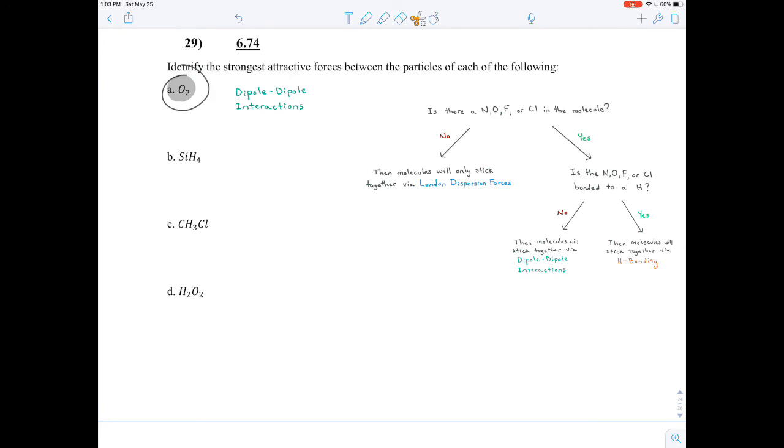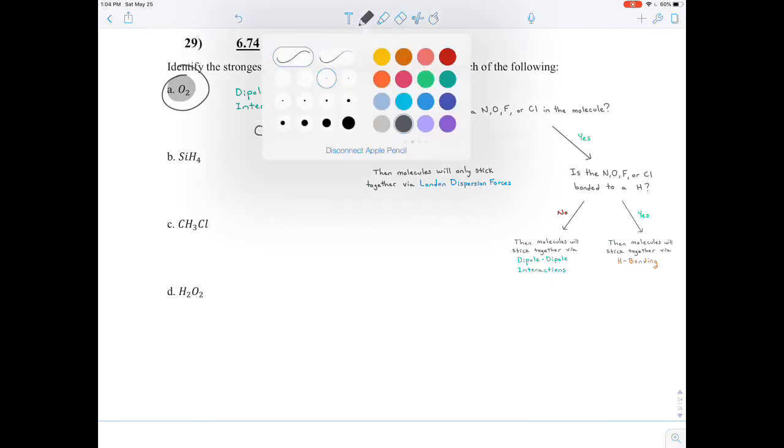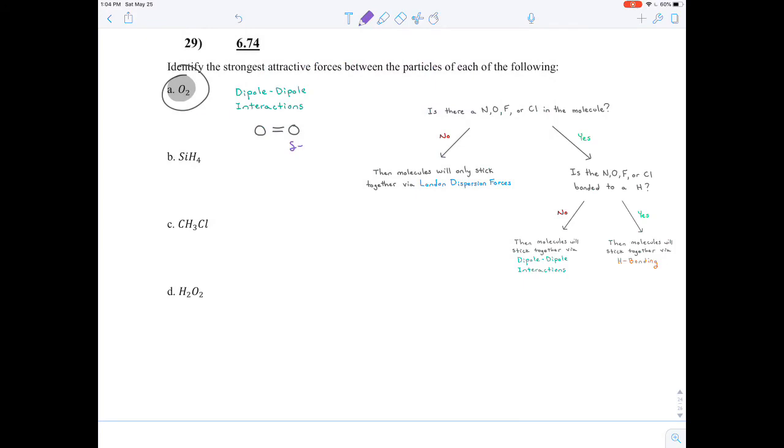However, I would not give this particular molecule on a test question because on this, you would have to think outside of this flowchart. Remember that the dipoles arise from differences in electronegativity. But which atom is more electronegative, oxygen or oxygen? Neither. They have the same electronegativity, they're the same element. And so there would not be any separation of charge.